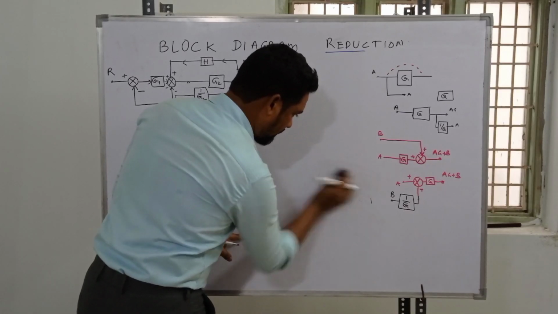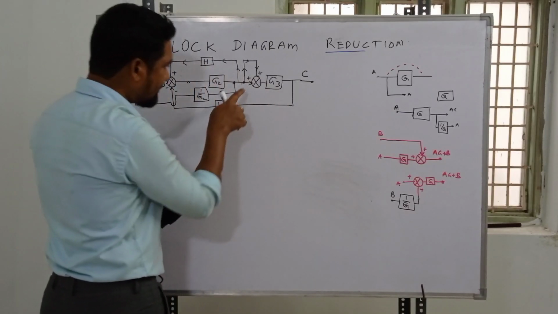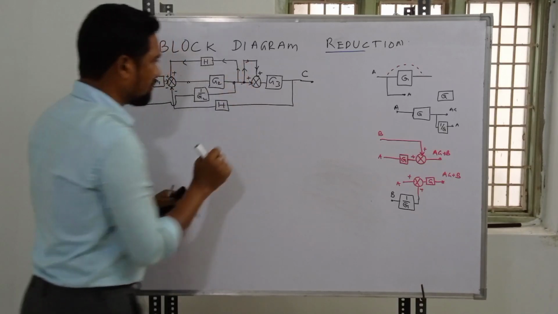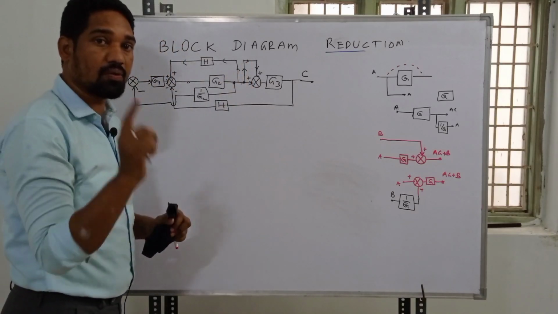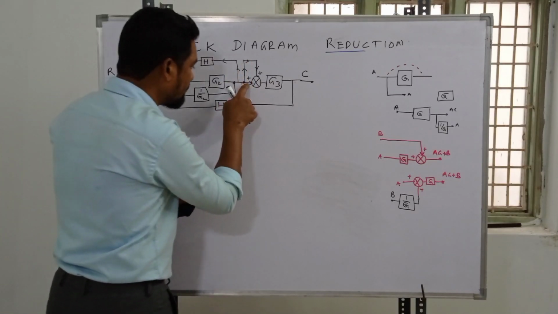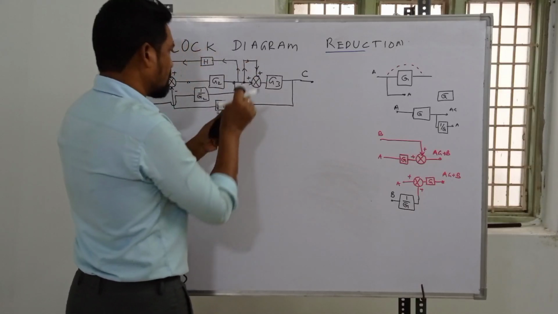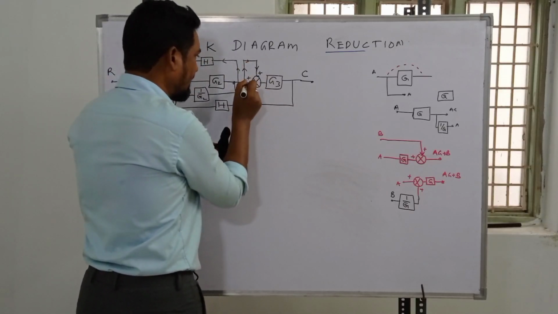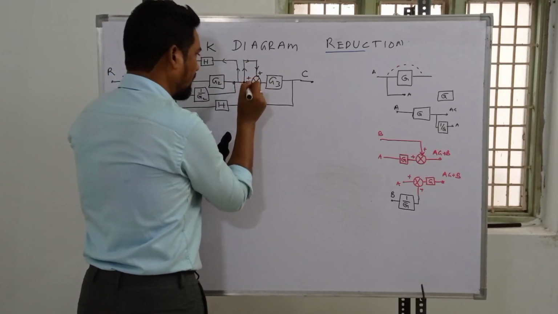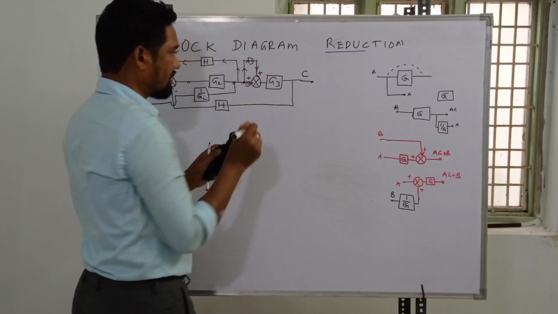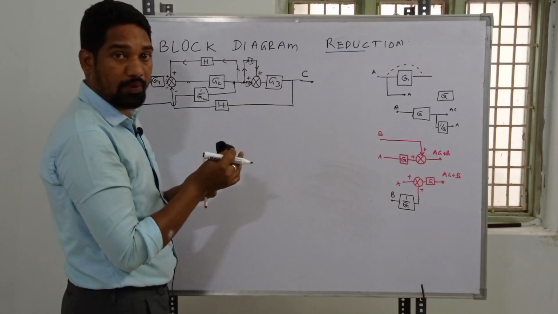If there is nothing over here, that can be taken as 1. We have a unity feed forward, a block with 1, if nothing is there.